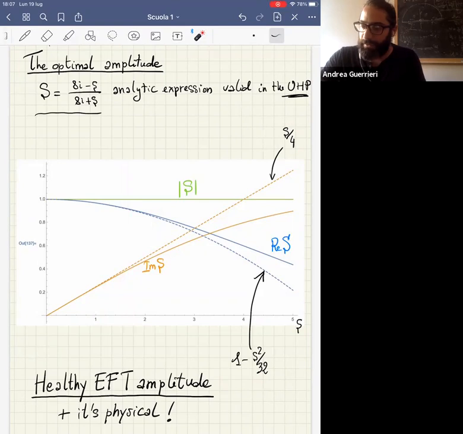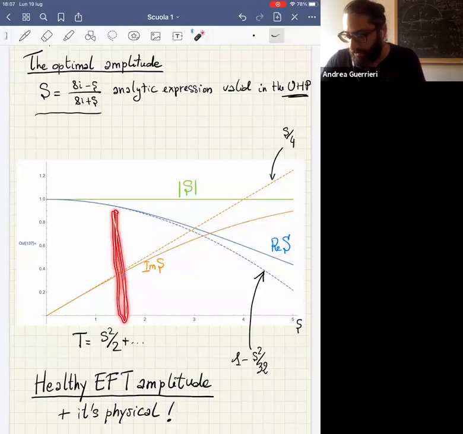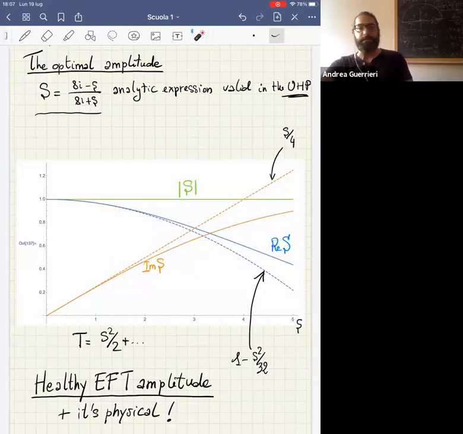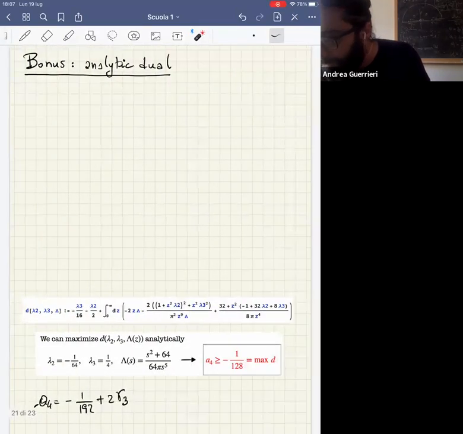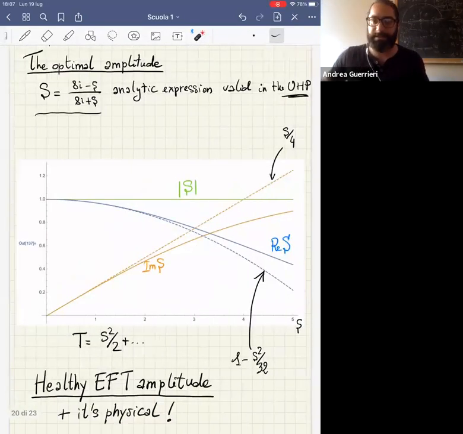The scale is given by the fact that, I remind you, the amplitude starts with s squared over 2 plus dot dot dot. So the tree-level approximation is very good up to square root of s equal to square root of 2, so roughly up to here. So this is the result, but I think I will stop here because I'm already a bit over time.